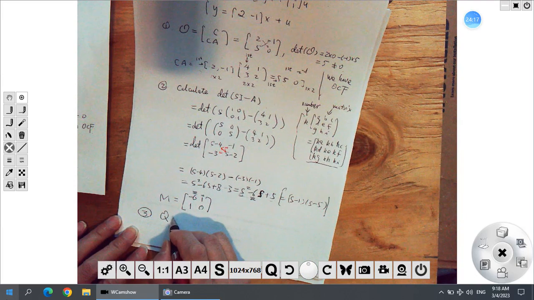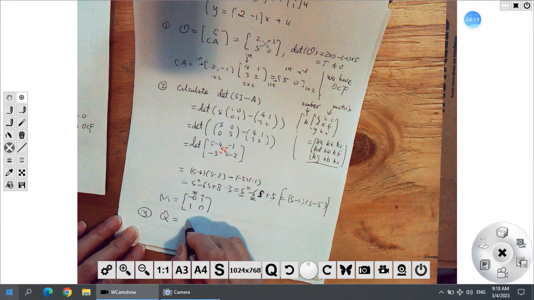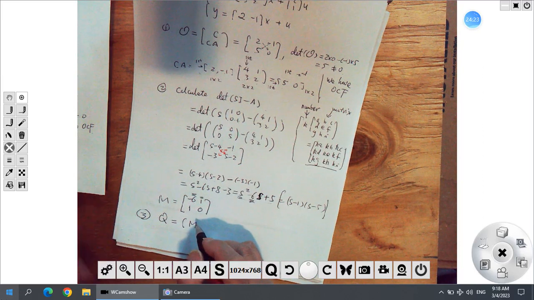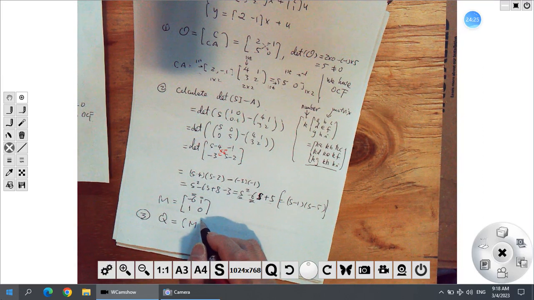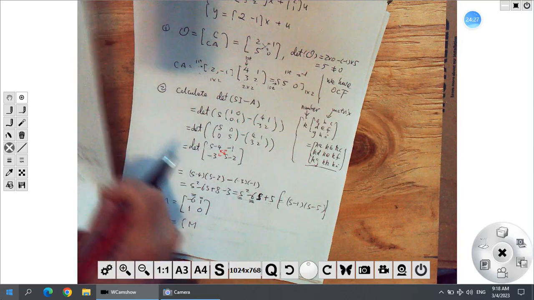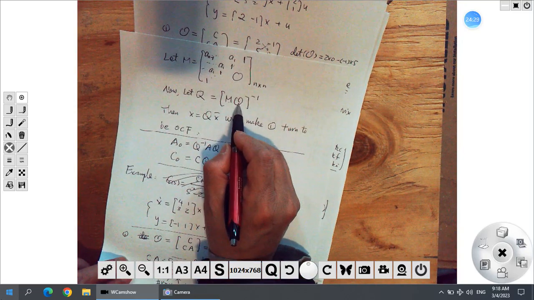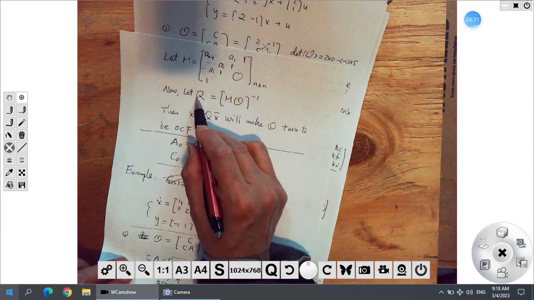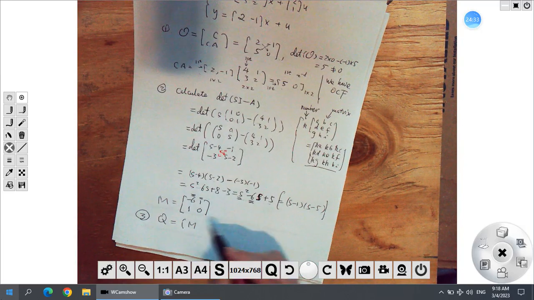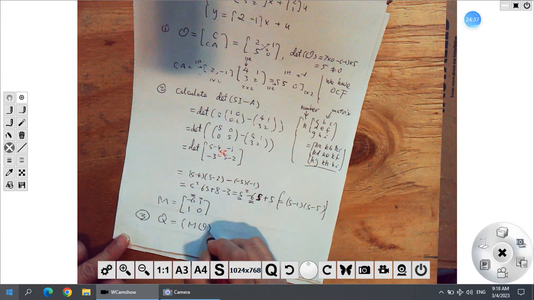Q is equal to the inverse of M times the formula M times, I put it here, right? M times O inverse. This is Q. So now let Q equal to M times O inverse.